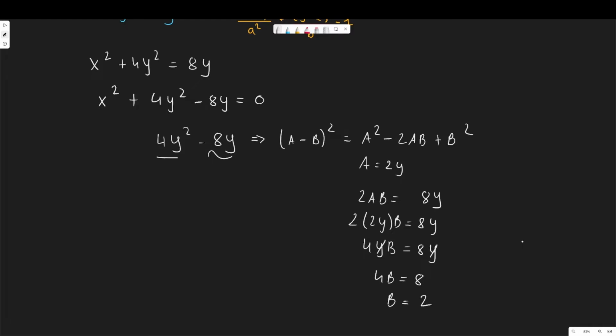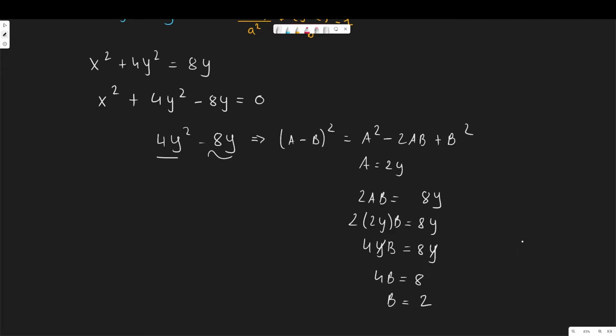So now, if we want 4y squared minus 8y to be written down as a perfect square, we have to add a 4 term, because b is 2 and 2 squared is 4.